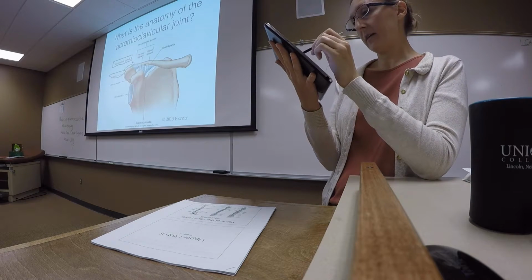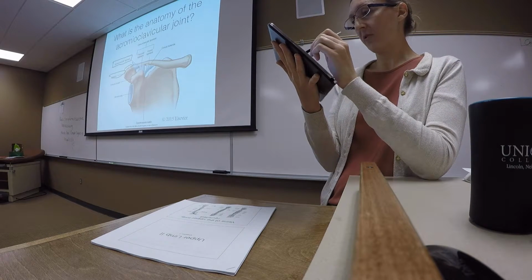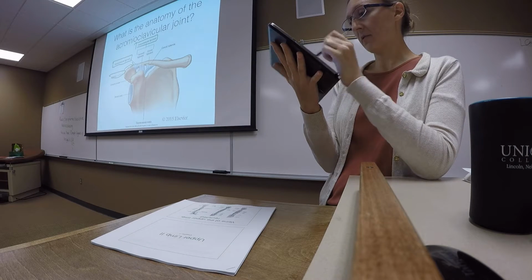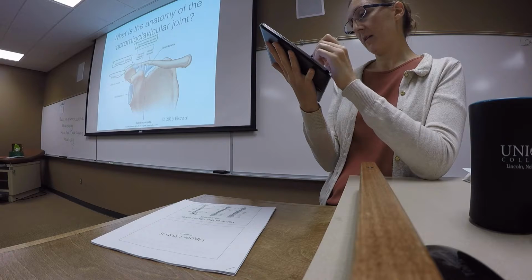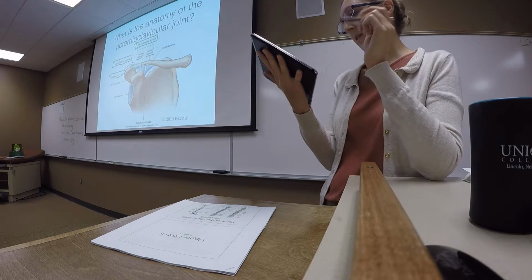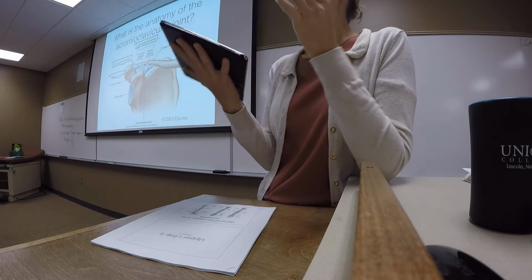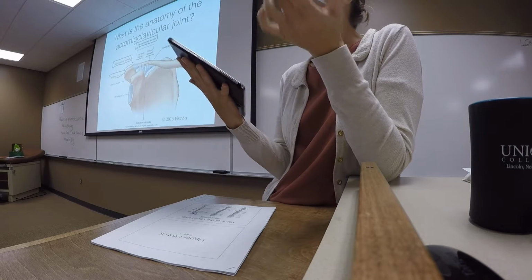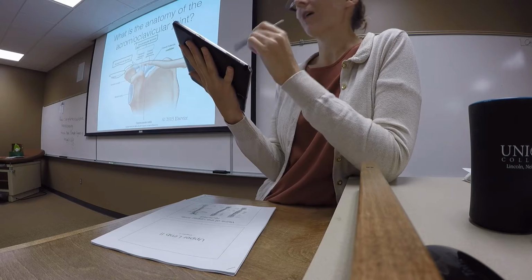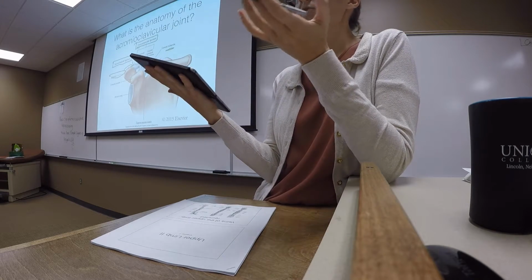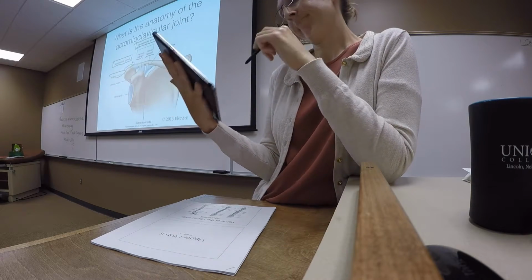Stabilizing the more medial portion of the joint is the coracoclavicular ligament, which is composed of the trapezoid ligament and the conoid ligament. As their names imply, the conoid ligament attaches to the conoid tubercle, and the trapezoid ligament attaches to the trapezoid line.